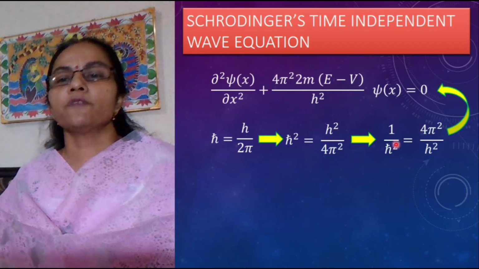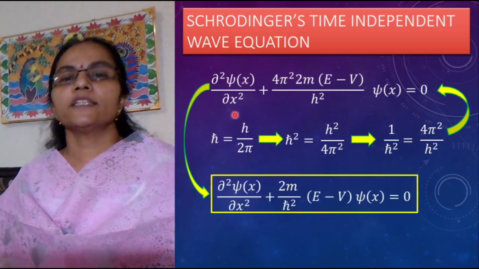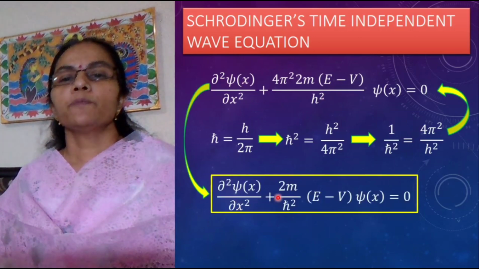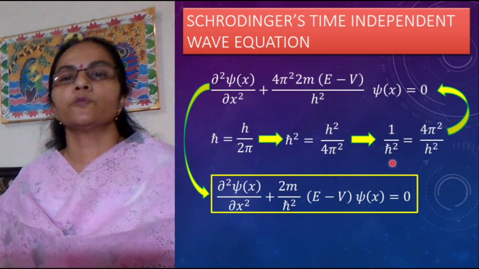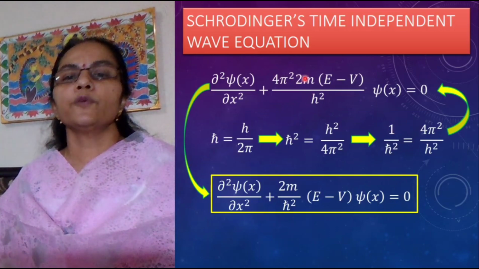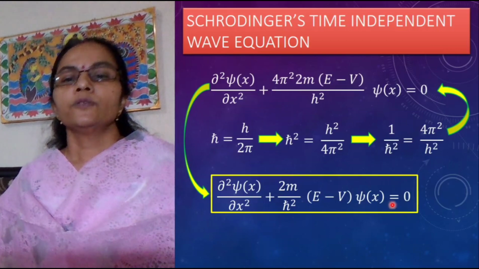So I can substitute this value back over here, and write del square psi by del x square plus 2m by h bar square, because 4 pi square by h square is equal to 1 by h bar square, and 2m E minus V was there earlier, so it is 2m E minus V by h bar square into psi of x, that is equal to 0.